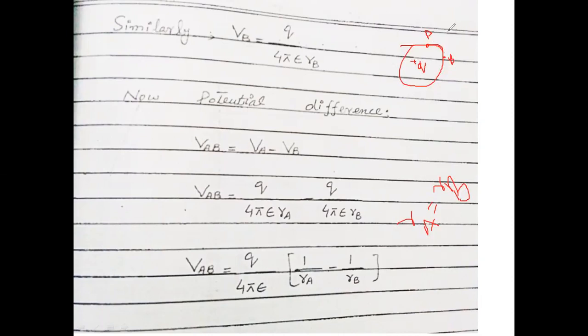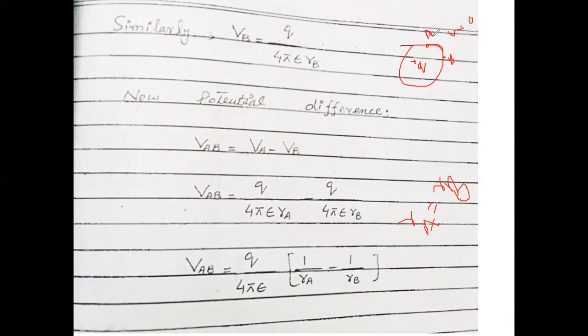The electric potential difference will be equal to 0, because both points are on the same equipotential, and we studied earlier in the first class that no work is done if you move a test charge along the same equipotential surface.